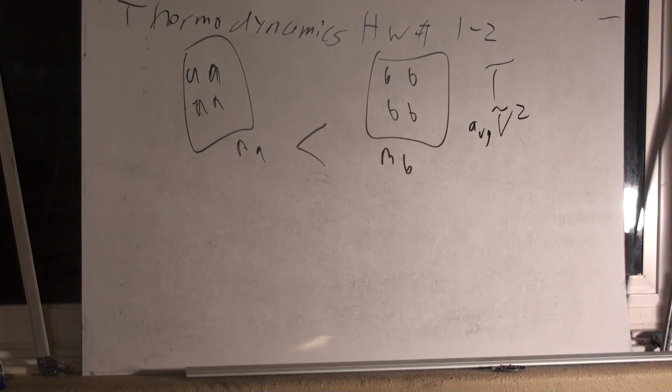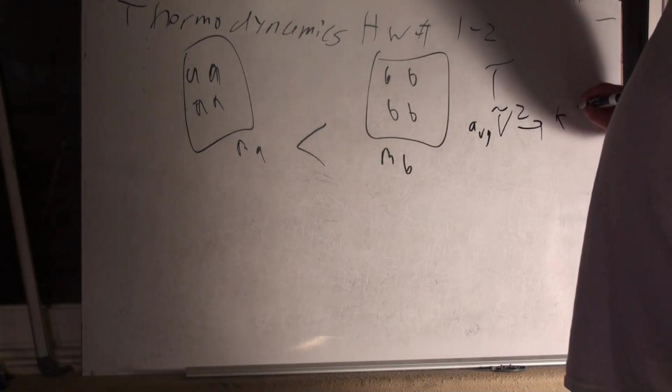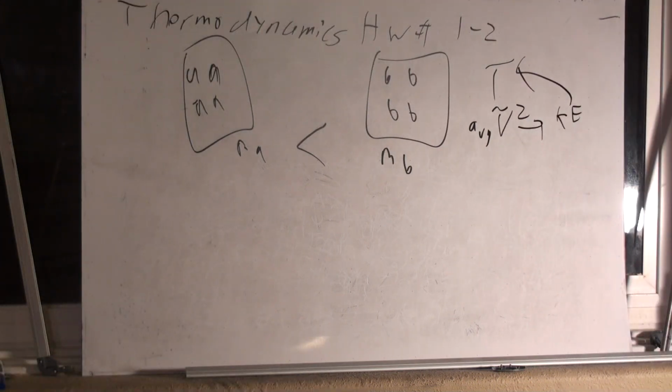What's important about it? Well, we remember that this is associated with kinetic energy, okay, which is associated with temperature. And really, temperature itself is only a function of kinetic energy slash mass and mean squared velocity.